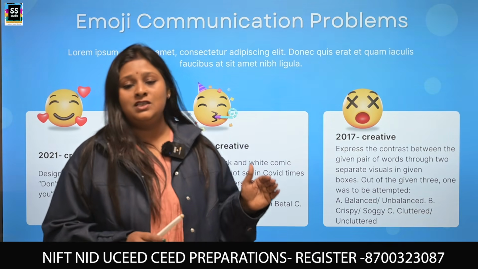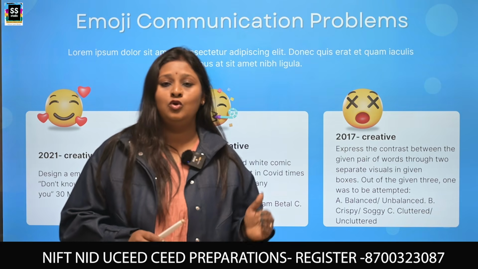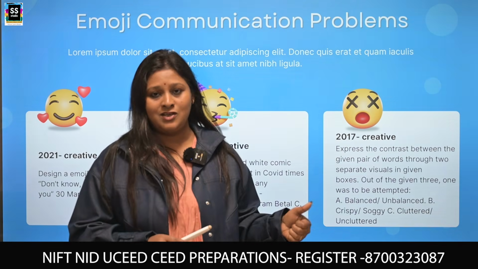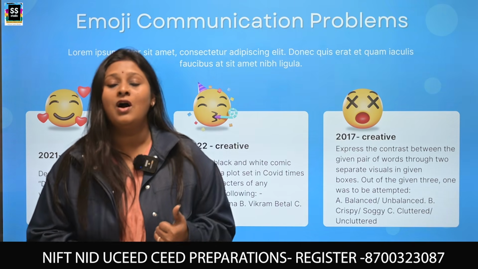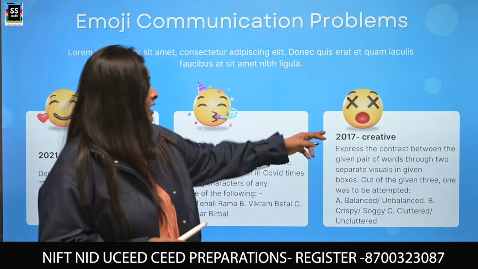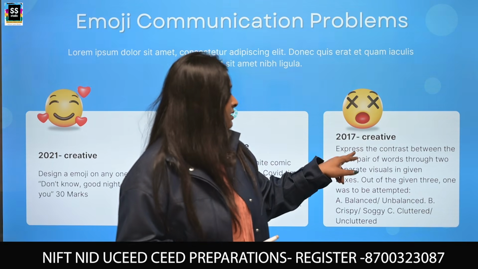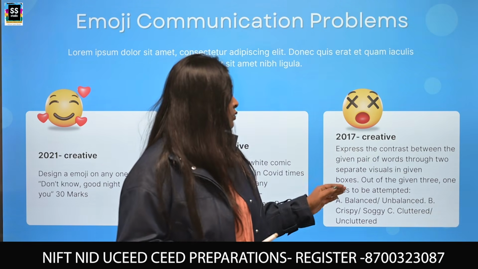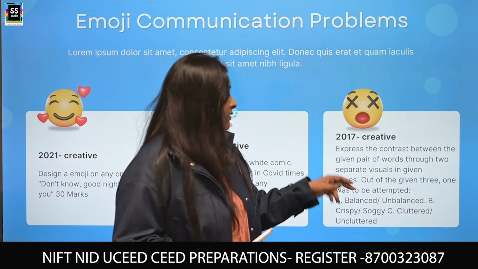Now here it is very much important to know about gestures and expressions. If you are attempting this question for your exam, you must know how to express anger, how to express anxiety, and all these. Now in 2017 there was a question: express the contrast between the given pair of words through 2 separate visuals in given boxes.